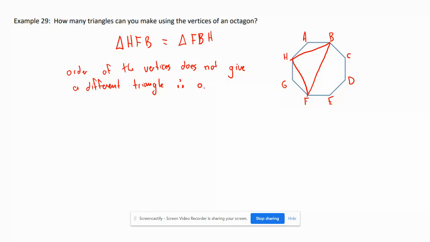Therefore, order does not matter. Okay, so this is why. So order does not matter for this question.